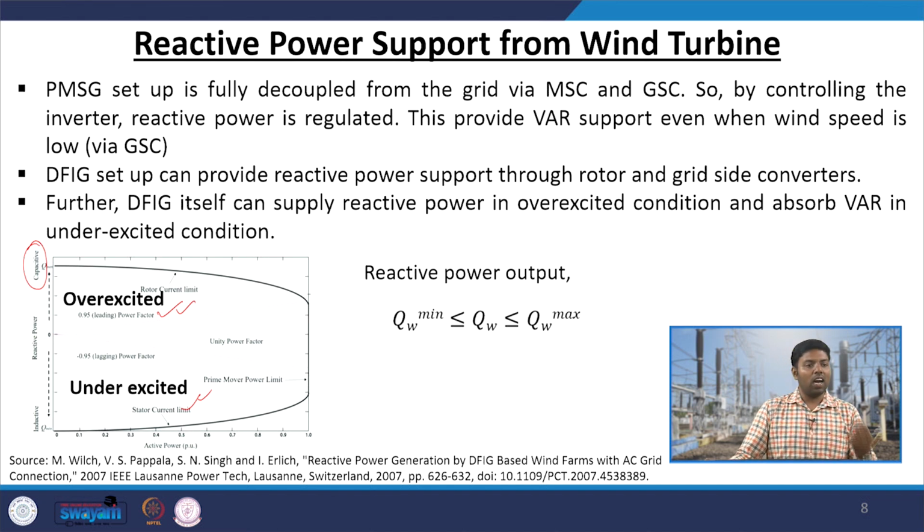Similarly, if it is in the under excited state, it can act as an inductor and can absorb reactive power from the circuit. So, that means your DFIG setup itself can operate as a capacitive element or represent an inductive element, keeping the reactive power output within its capacity, that means the Q minimum to Q maximum value.